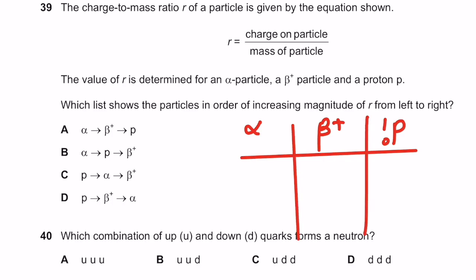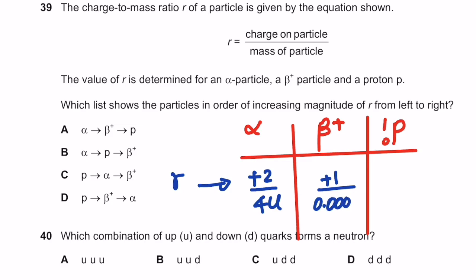Here I am going to use symbols. Alpha is plus 2 charge, mass is 4 unified atomic mass units. Beta is plus 1, mass is 0.0001 roughly U. Proton charge is 1, mass is U. It's obvious that this number is the biggest because it is divided by a very small number.